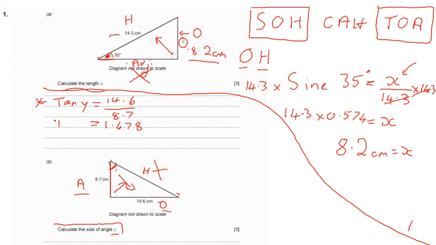So if the tan of y is equal to 1.678, I have to find the inverse tan. And when I put that into the calculator, y turns out to be 59.2 degrees. And that's the answer to the question.